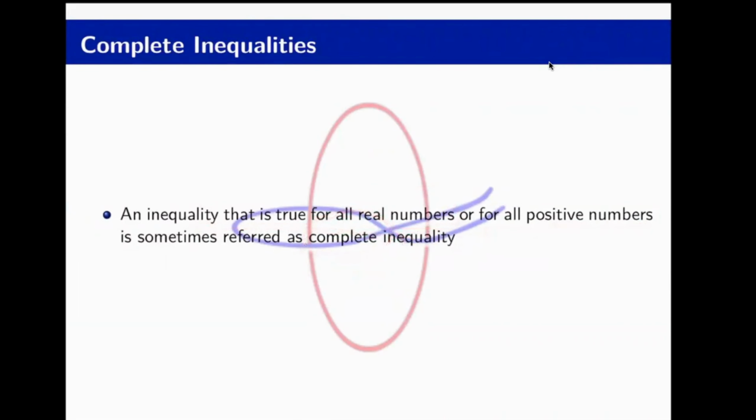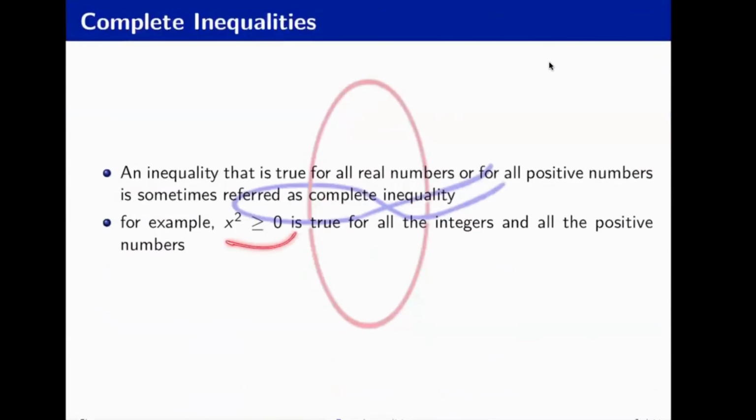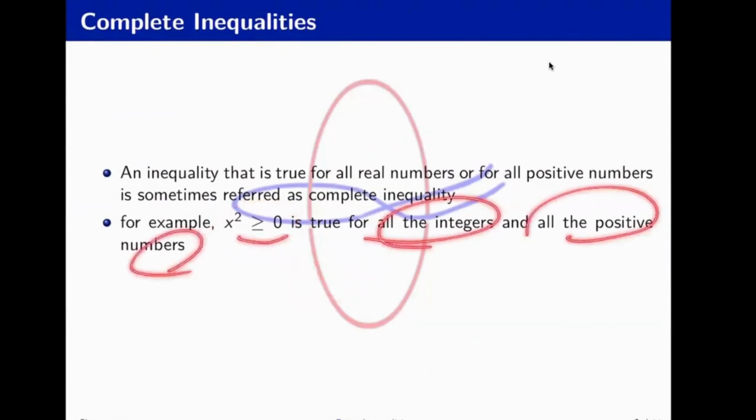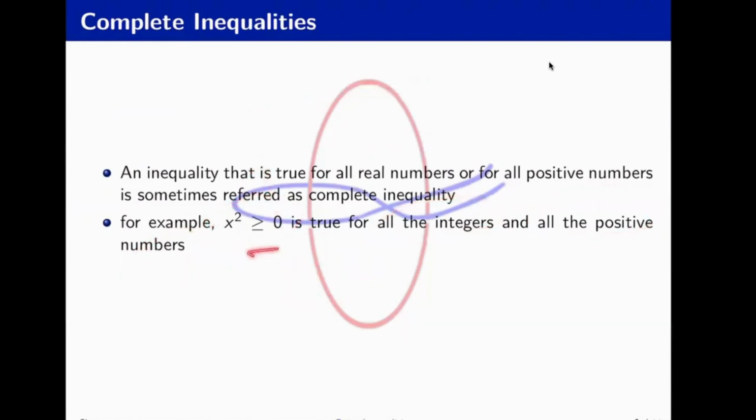For example, say we have x square greater than or equal to 0. This is true for all integers and all positive integers, so this is basically called a complete inequality. That is the one thing which we have to remember.